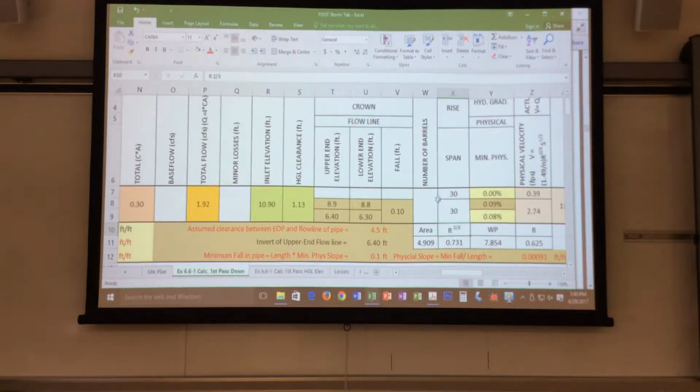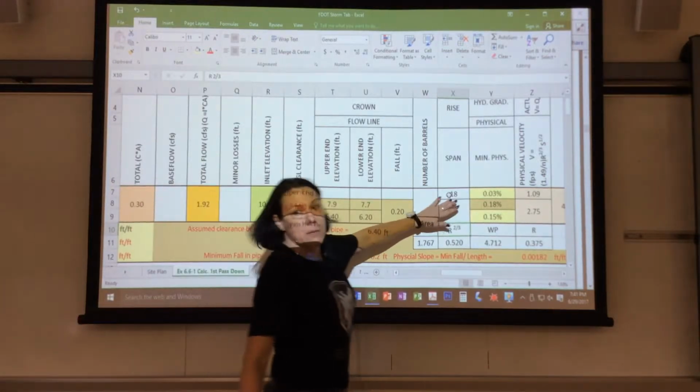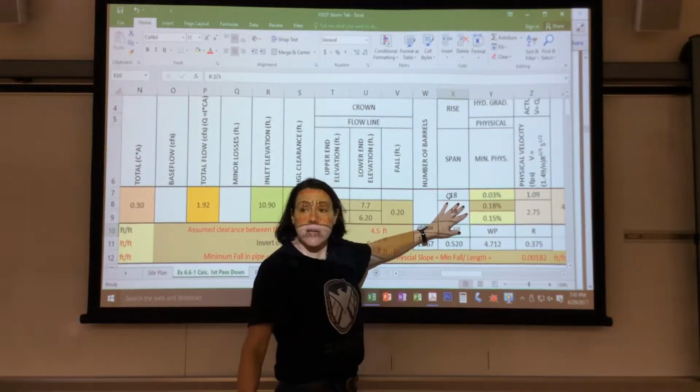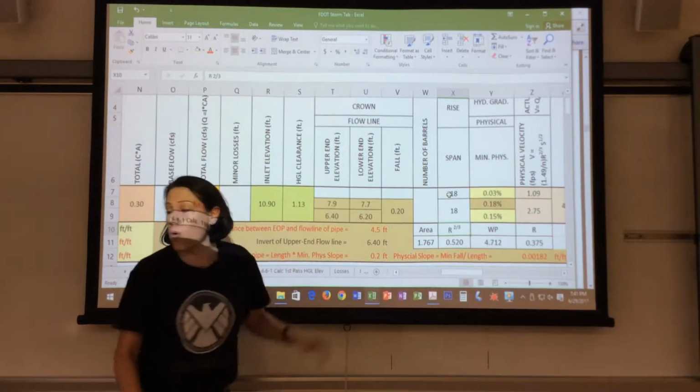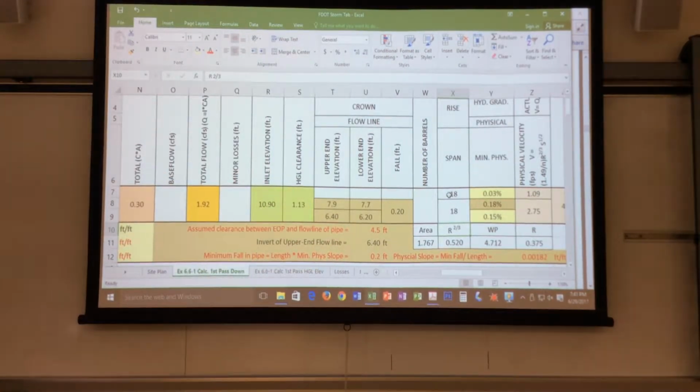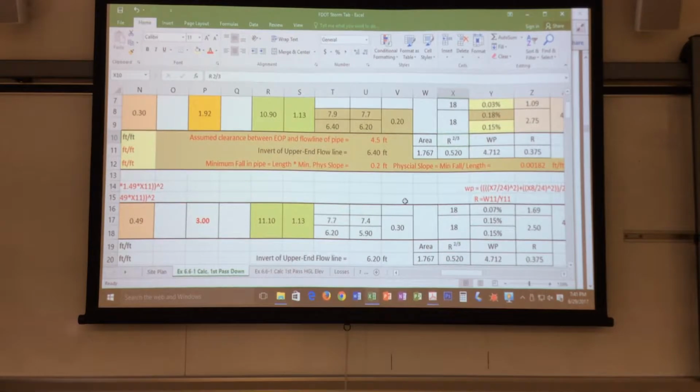So you're looking at that point, it's not only the friction slope that I would base my first guess on. In all honesty, I would base my first guess on how much flow an 18-inch pipe will carry at the friction slope, flowing full.